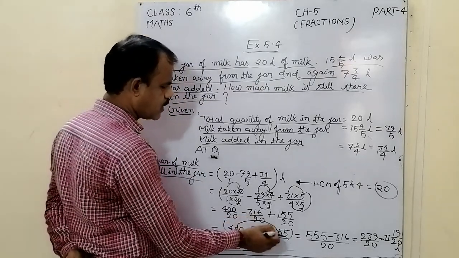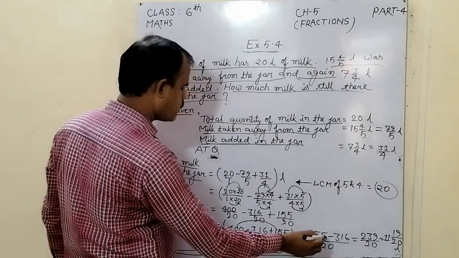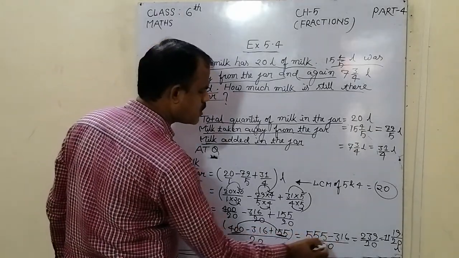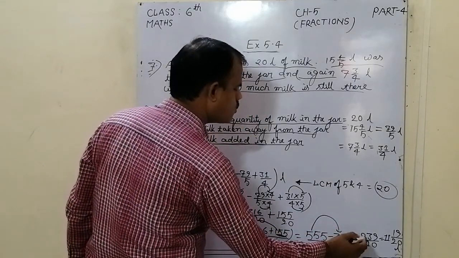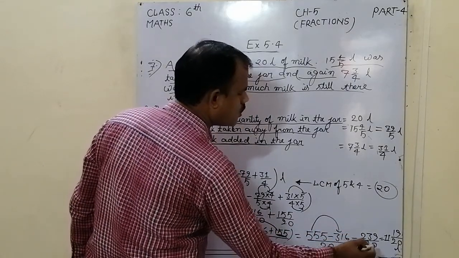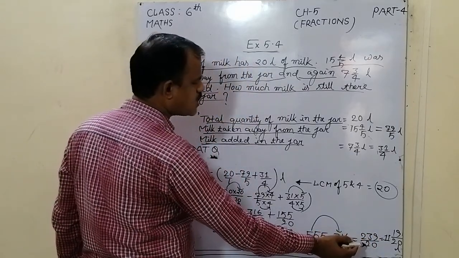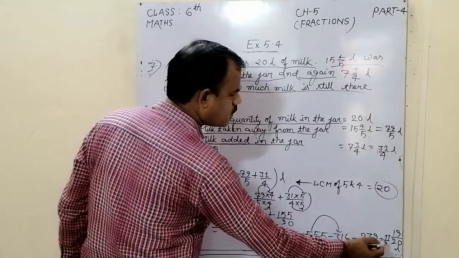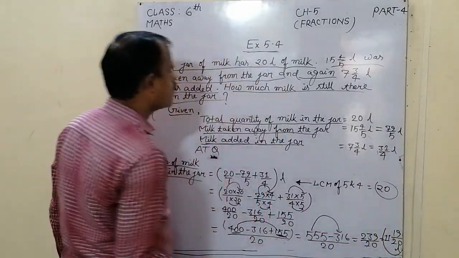So you have to add this 400 plus 155, that is 555 minus 316 by 20. After subtraction it becomes 239 by 20. So we have to change this improper fraction into mixed fraction. It becomes 11 whole 19 by 20, and this is the final answer.